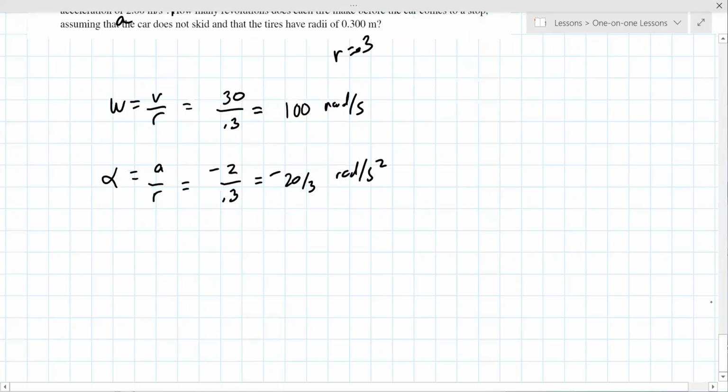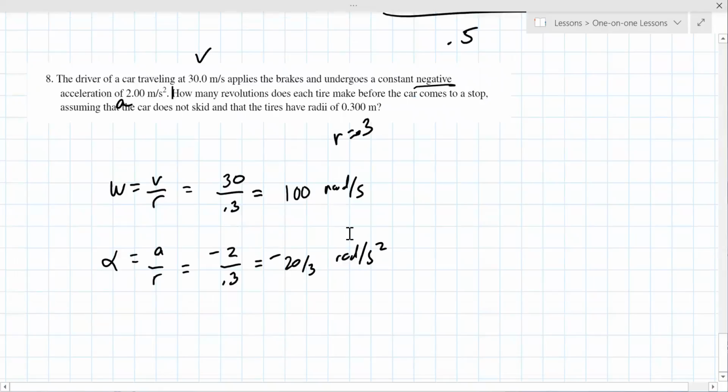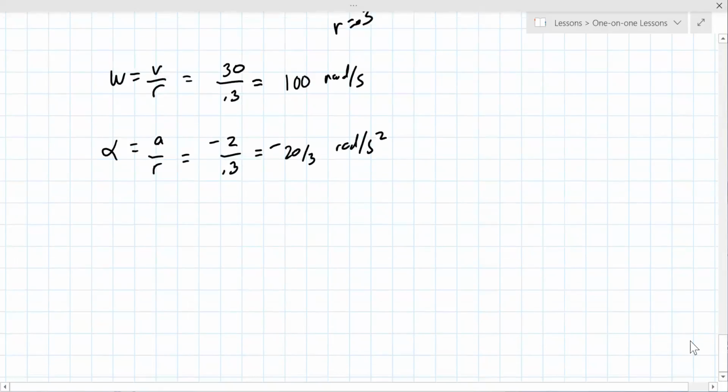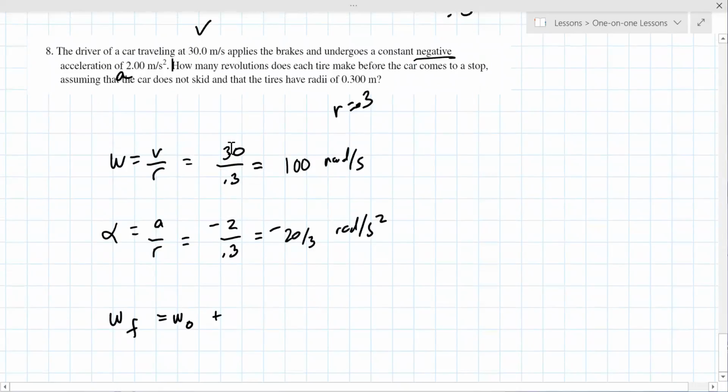So that's fine. Now we're trying to figure out how many revolutions the tire makes. So that's theta. There's omega final equals omega initial plus... did they give us time? Nope. So our equation is the one that's the squared equation.